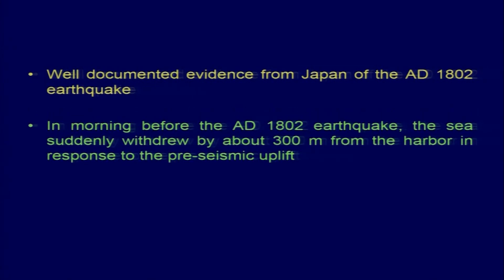So in the morning before the AD 1802 earthquake, the sea suddenly withdrew by about 300 meters, and this was because of the pre-seismic, that is, pre-earthquake uplift, which resulted in the withdrawal of the sea. In the 2004 Sumatra Andaman earthquake, this phenomenon was experienced by a few people, but we were not aware that such a phenomenon is related to the occurrence of a big earthquake. So that killed a lot of people.